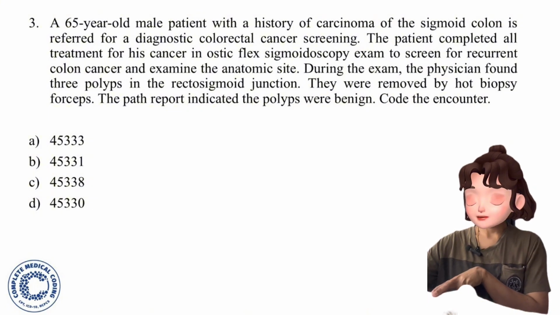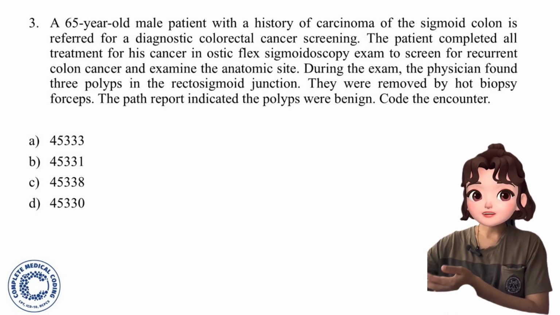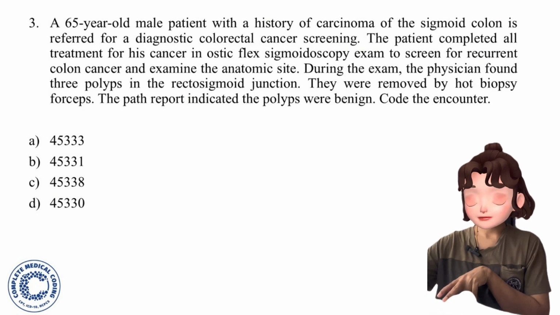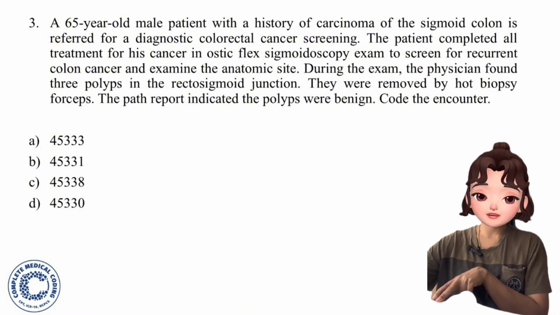Let's see. Biopsy is there, but it is done by hot biopsy forceps. Let's find out if there is any perfect, any accurate code. We checked 45331, and 45330. Now 45333. Yes, 45333: again sigmoidoscopy, flexible, with removal of tumor, polyp or other lesions by hot biopsy forceps.